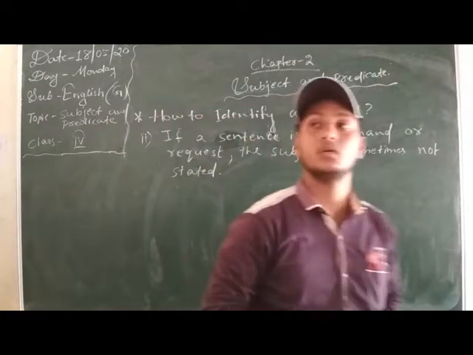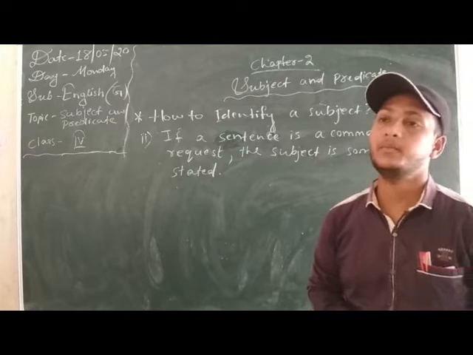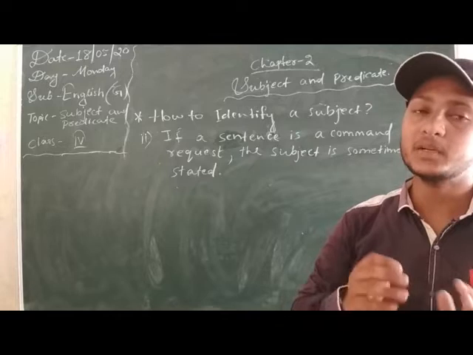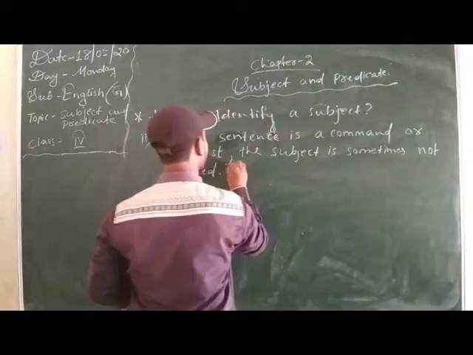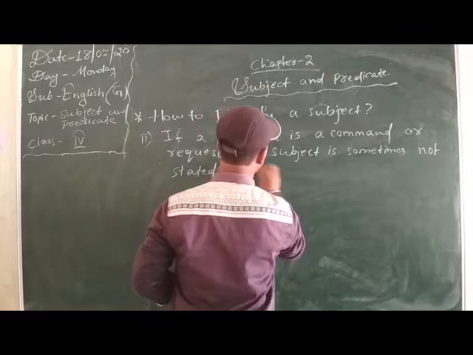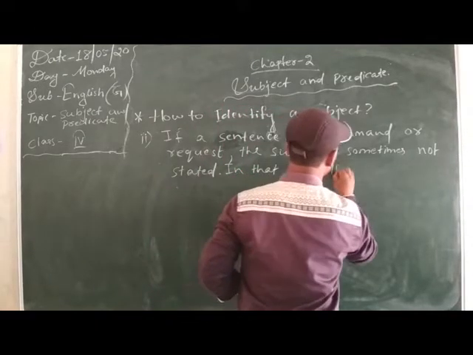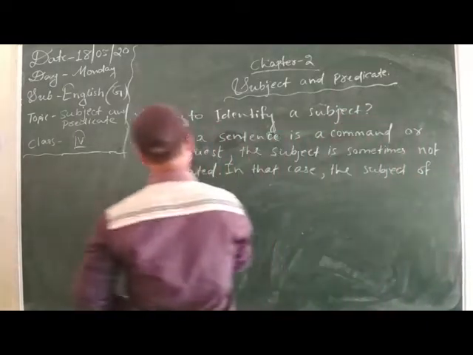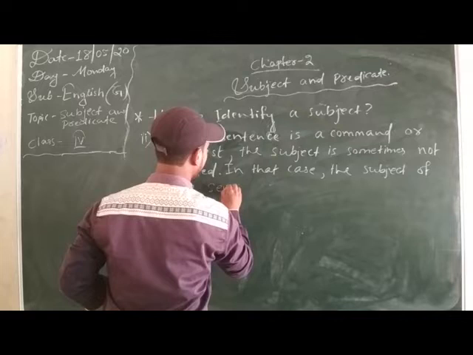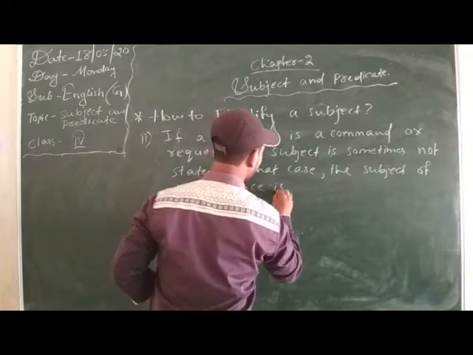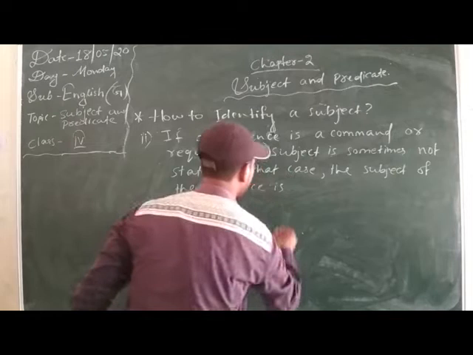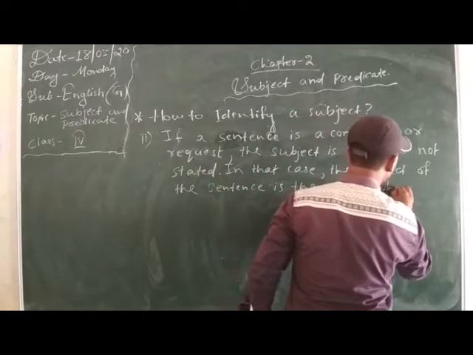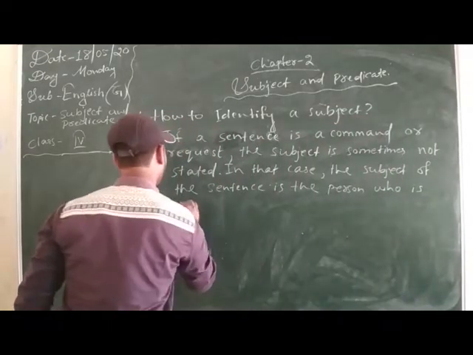So what do we have to do? The subject is sometimes not stated. In that case, the subject of the sentence is the person who is implied.